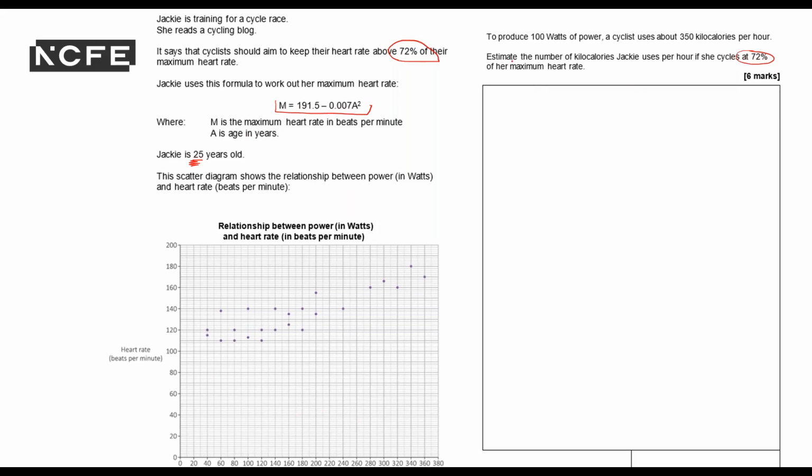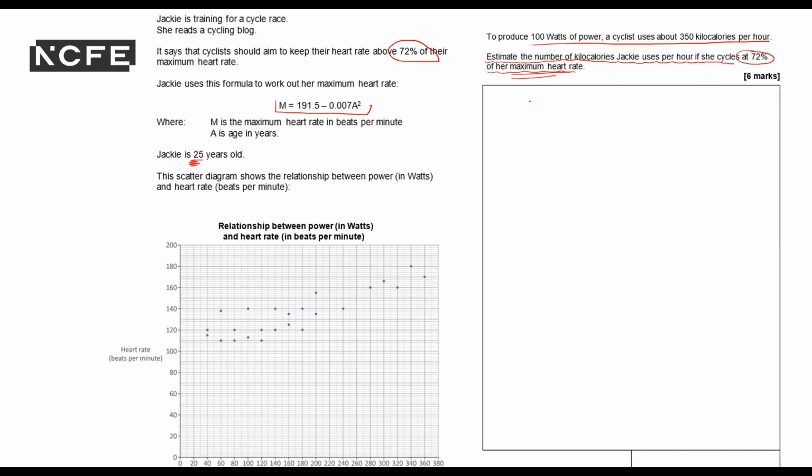The question actually says, estimate the number of kilocalories Jackie uses per hour if she cycles at 72% of her maximum heart rate. So maximum heart rate, here we've got to produce 100 watts of power. They use 350 calories per hour.